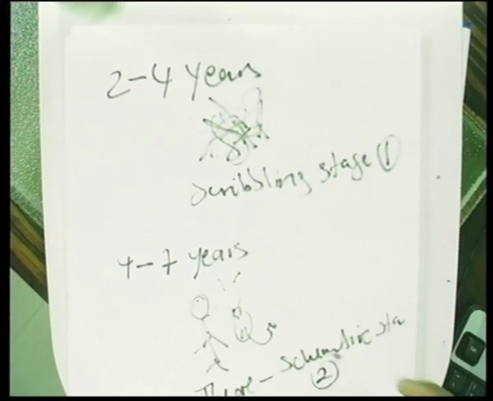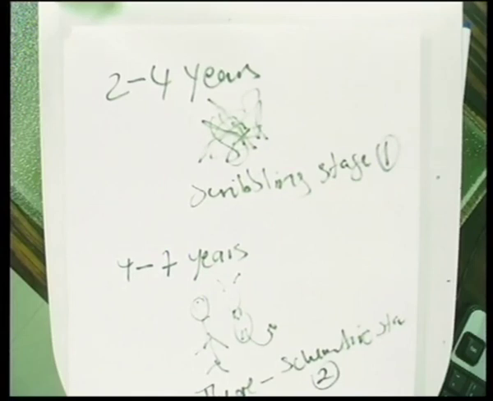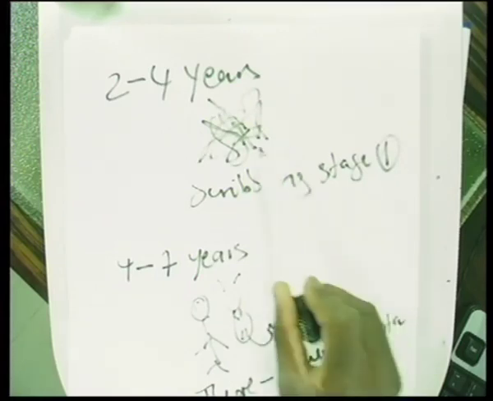And stage 3, that is between 7 and 9 years. At this stage, as I stated previously, figures are seated on a specific base or surface.